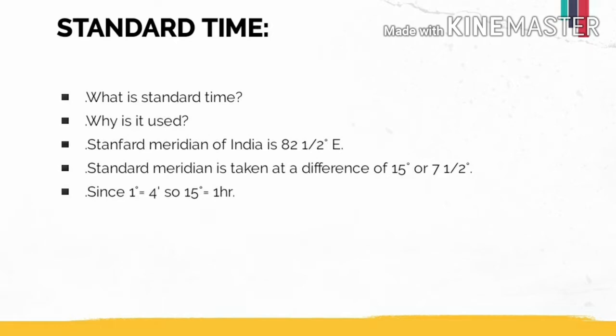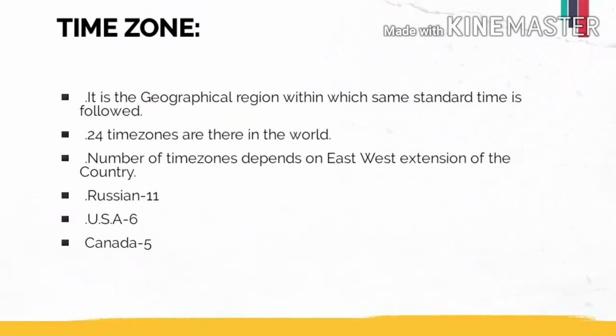So the difference of time between GMT and the standard meridian of any place can be expressed in multiples of an hour or half an hour. That is why the difference will always be an hour or half an hour.